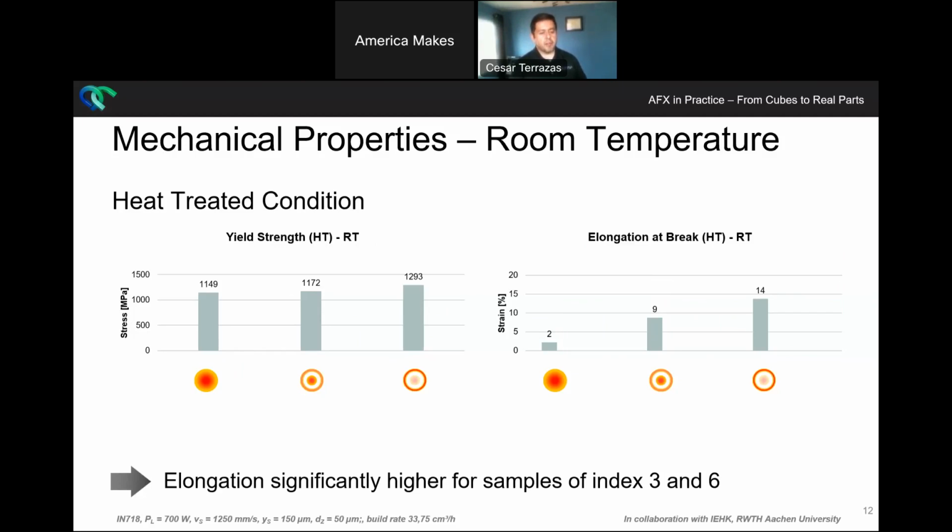But then the elongation at break, even though it is reduced slightly, you still see an increase just by switching the operation mode to modes 3 and 6. Again, we're seeing a consistent trend, which is in emission mode number 0 versus emission mode number 6, you see up to a 12% increase in elongation at break.